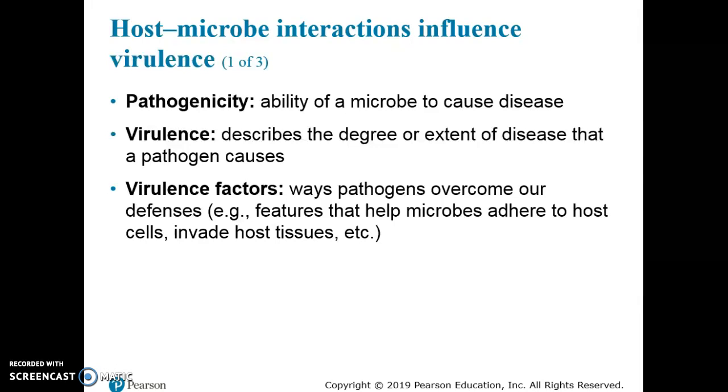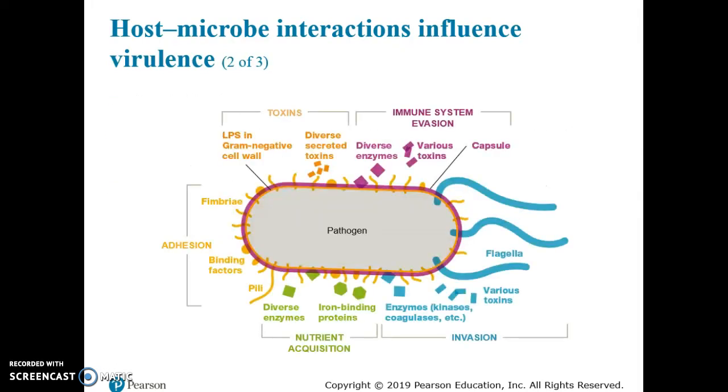What factors does the pathogen have to overcome the immune system, right, our defenses, that will then allow the bacteria to actually be virulent and pathogenic. All right, so this is a good figure to look at for a good synopsis of some of these interactions that will influence whether or not a microbe is virulent.